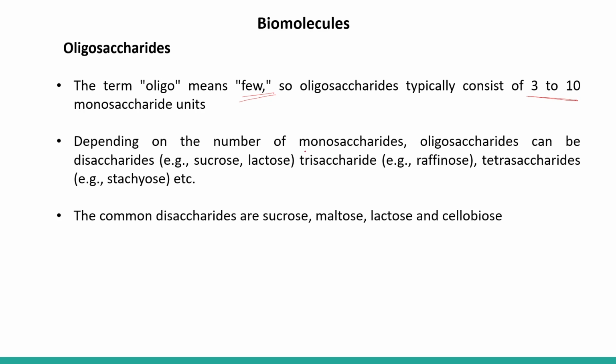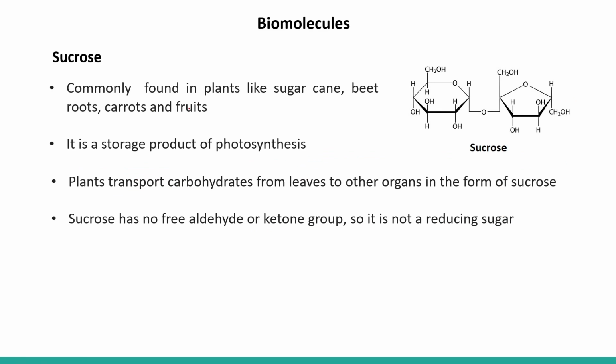Depending upon the number of monosaccharides, oligosaccharides can be disaccharides, trisaccharides, tetrasaccharides. So there are different types of oligosaccharides. The common disaccharides are sucrose, maltose, lactose and cellobiose. Sucrose is commonly found in plants like sugarcane, beet roots and carrots.